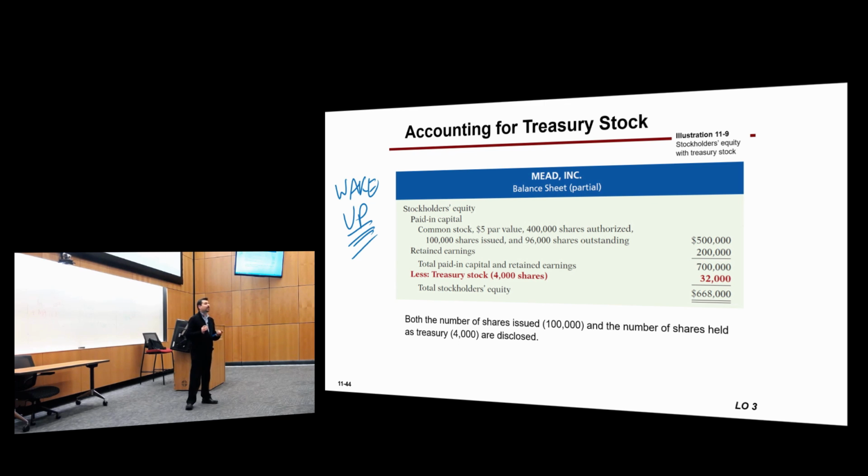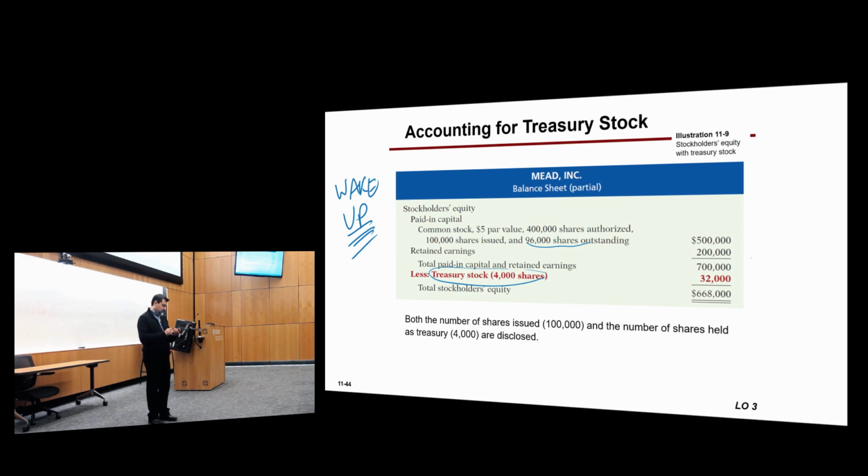So we have 100,000 shares that are issued. 96,000 shares are outstanding. So the common stock is 500,000, retained earnings is 200,000, less the 4,000 shares that are in treasury stock.